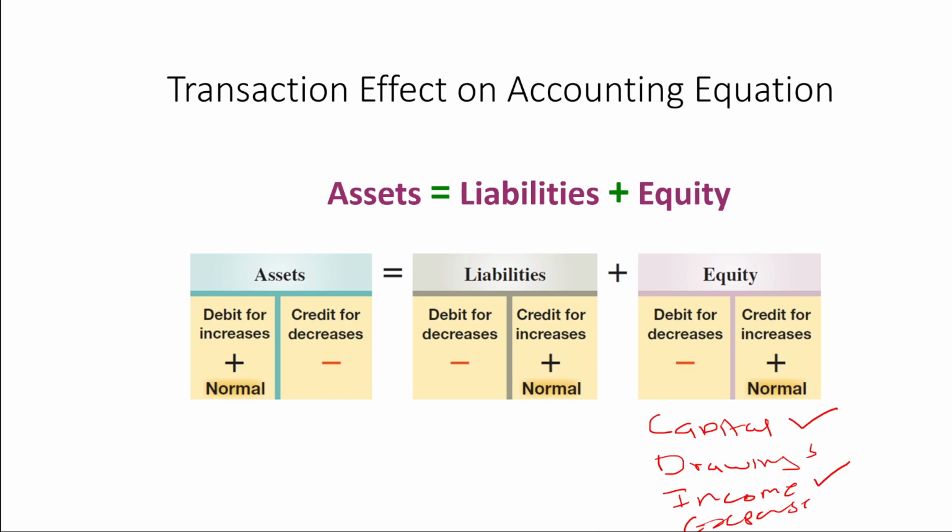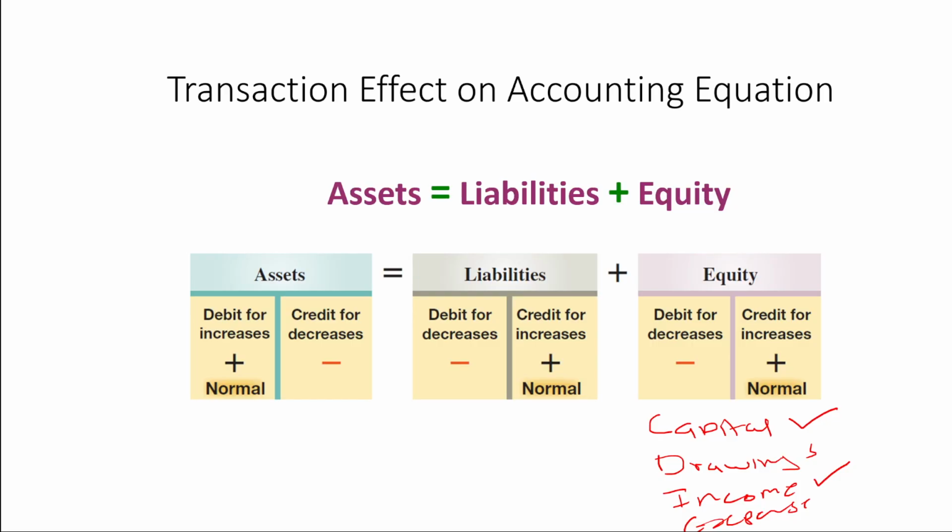So this is a summary of the transaction effects on the accounting equation. Over here you have your liabilities. Liabilities increase on the credit side and decrease on the debit side, similar to your equity.